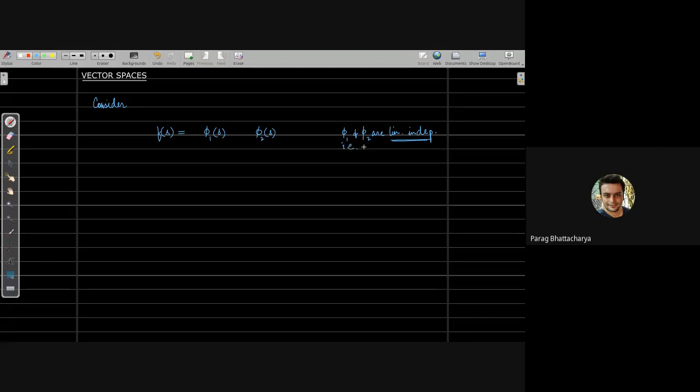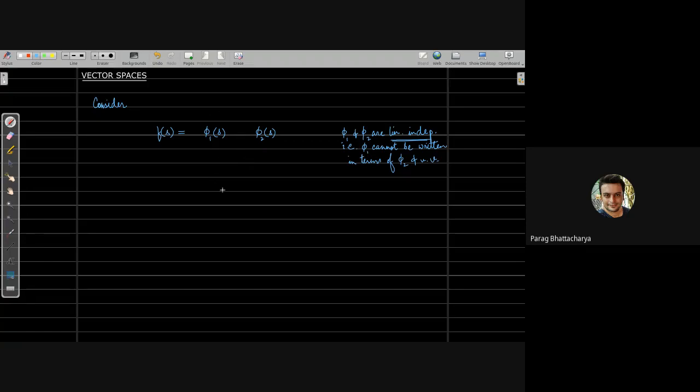So linear independence implies that phi1 cannot be written in terms of phi2, and phi2 also cannot be written in terms of phi1.